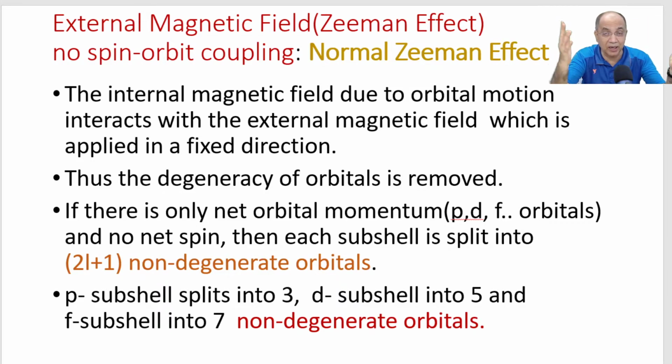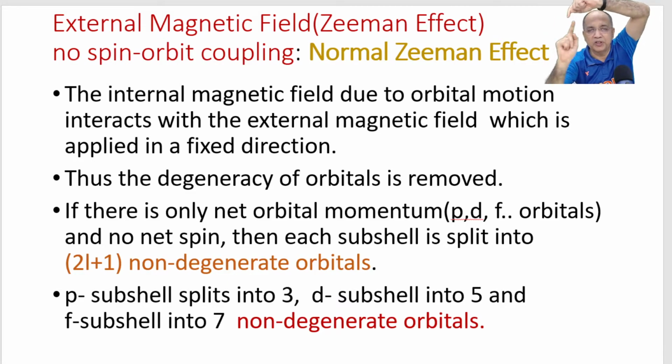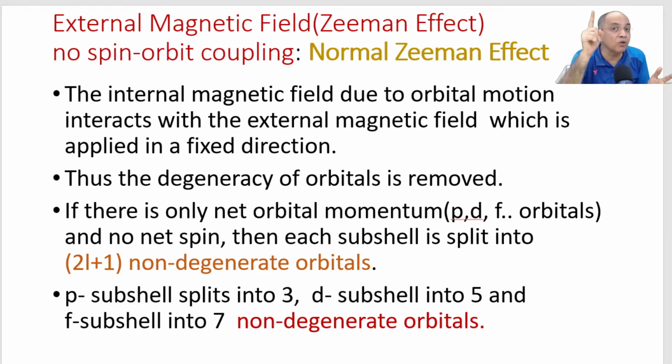This is the orbital magnetic dipole moment, and that is 0 for an s orbital. And there is another, spin angular momentum, and hence a spin magnetic dipole moment, right? That happens when there is an unpaired electron. Then we will be focusing only on the normal Zeeman effect.